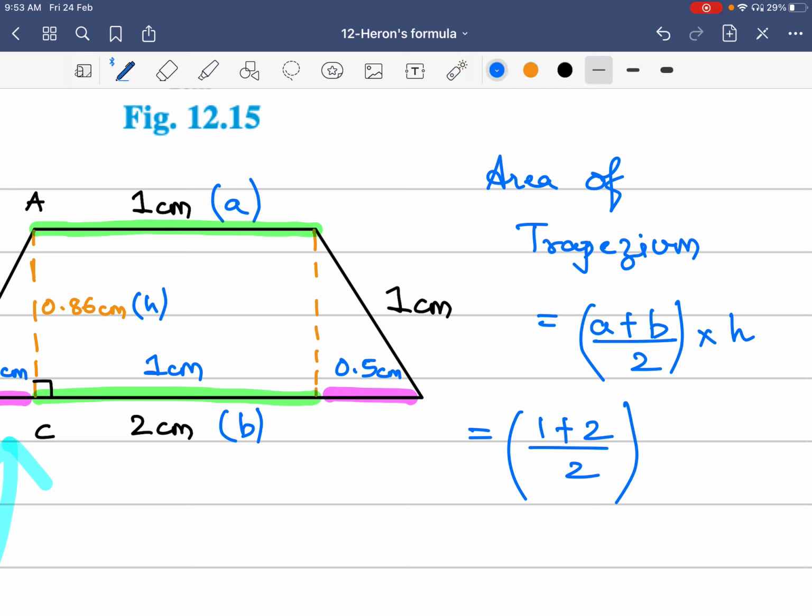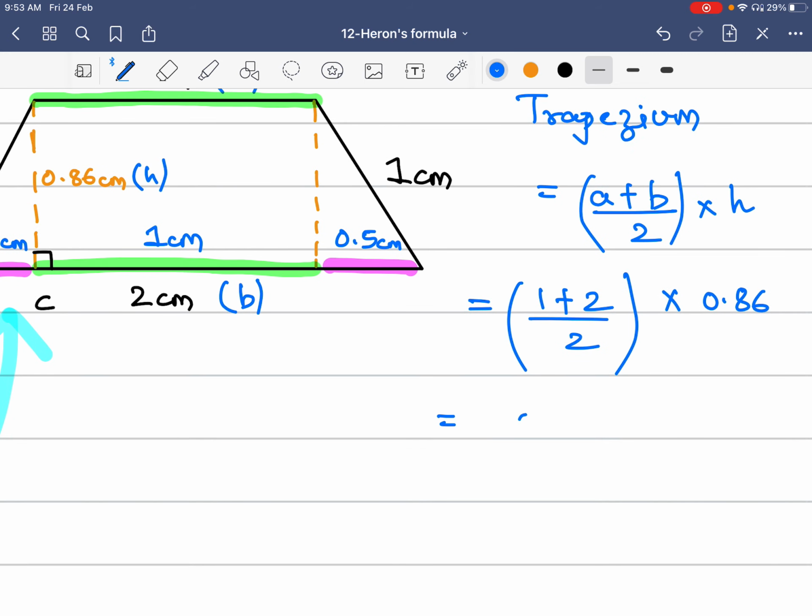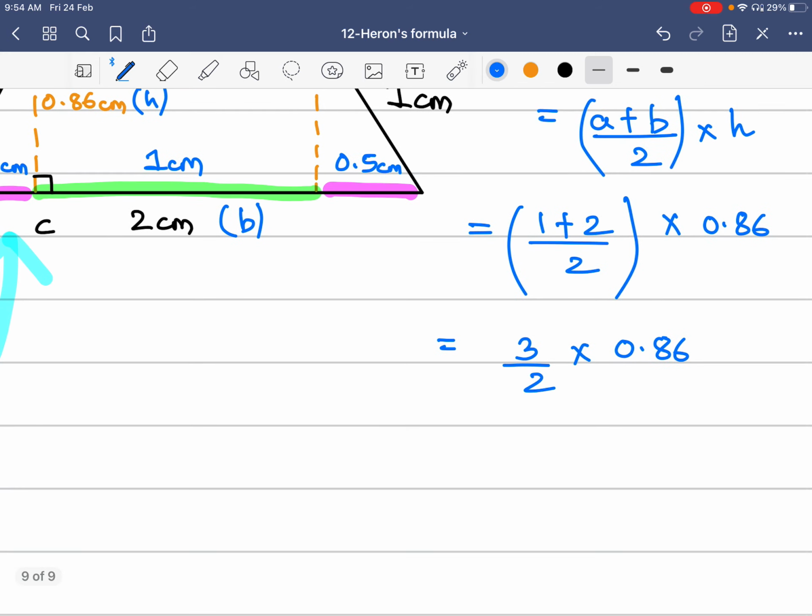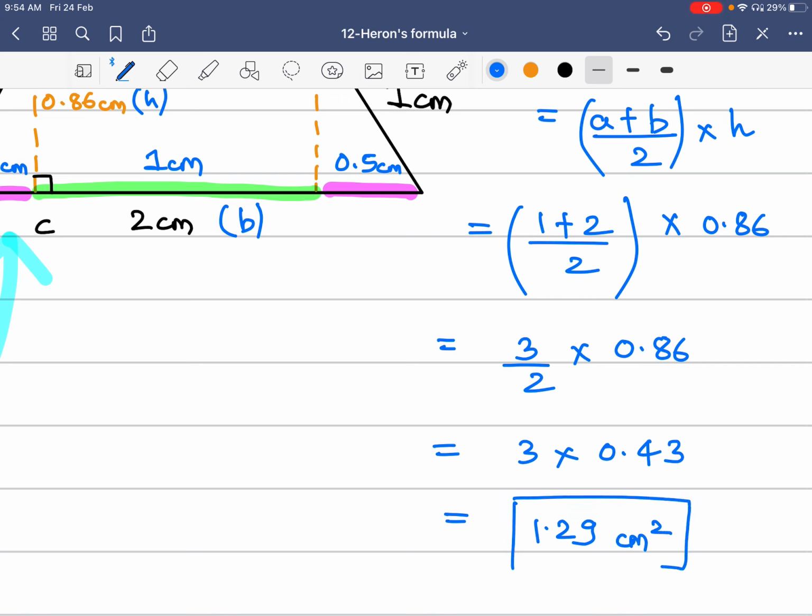Substituting, that is equal to 3 by 2 into 0.86, which is 3 into 0.43. 3 3s are 9, 3 4s are 12, so 1.29 centimeter square. The area of the trapezium comes out to be 1.29 centimeter square.